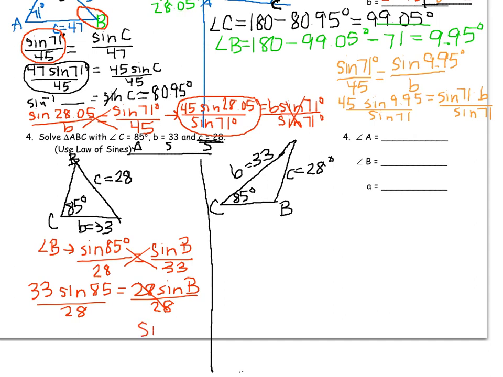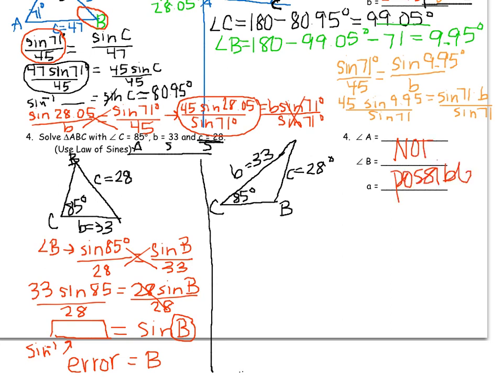So I'll have the sine of B equals, and put this into your calculator, you'll get a decimal here. So to get this B alone, we want to do the inverse sine of our answer. If you do the inverse sine of your answer to get your angle B, it's going to give you an error message. As soon as you read that error message, we know that our triangles are not possible. So no triangles are possible for this one.